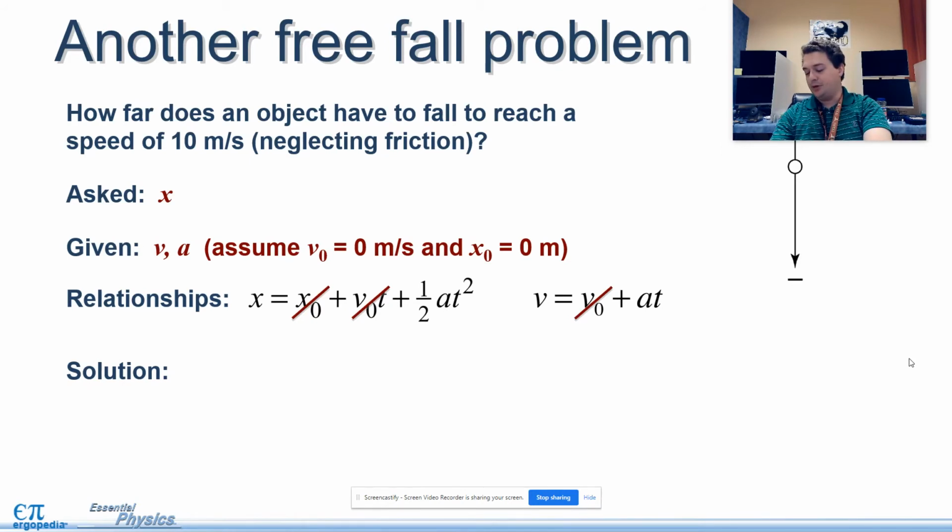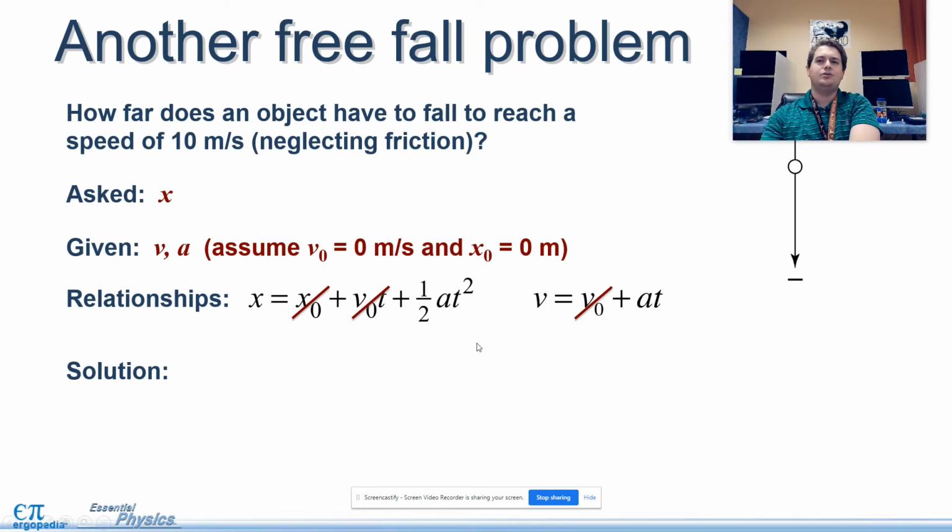We're actually going to need both equations, because we're trying to find the position. You're given acceleration, and we don't know time. If you look at the equation with x, a, and t, you're missing x and you're missing t, so you're missing too many things.